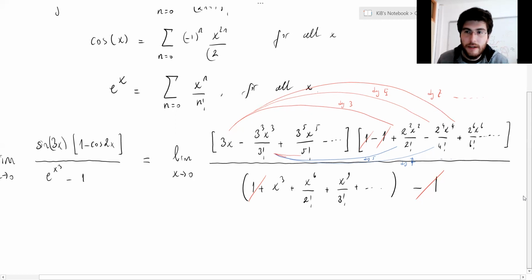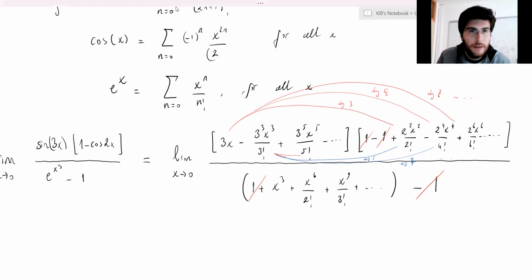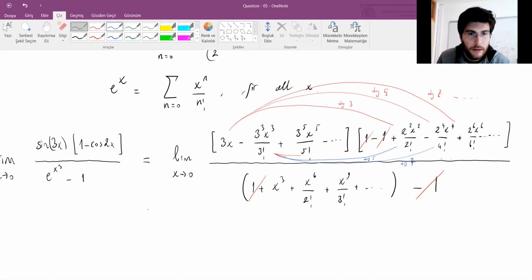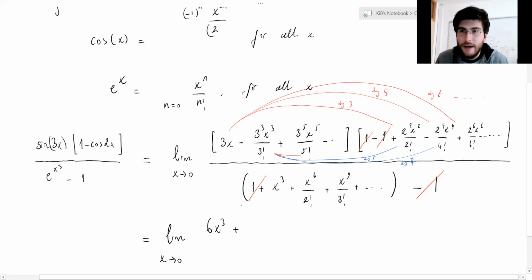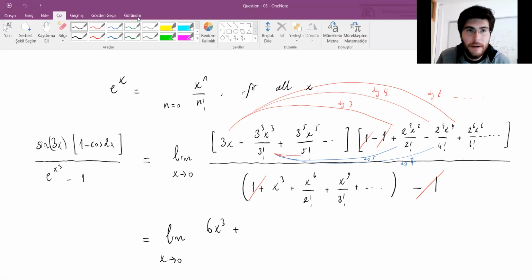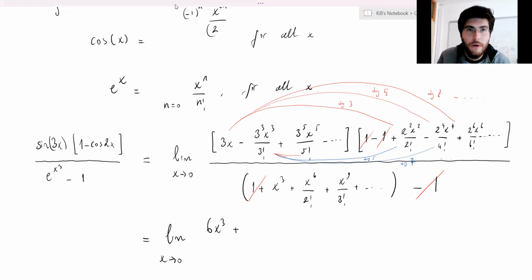So here is what I mean. Let me write it down like this. This is equal to the limit as x approaches 0. We have the first term here, 6x cubed, plus the other part, which consists of polynomials of at least degree 5. The way of writing this in a very compact way is the following notation.